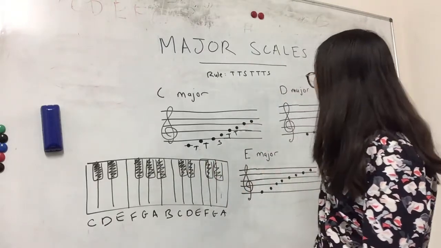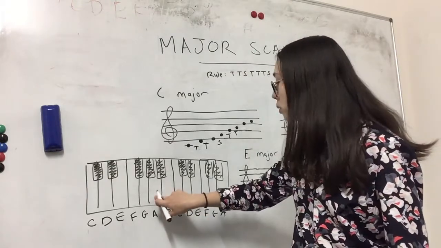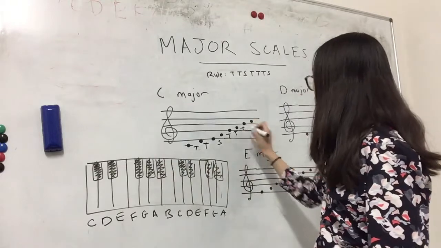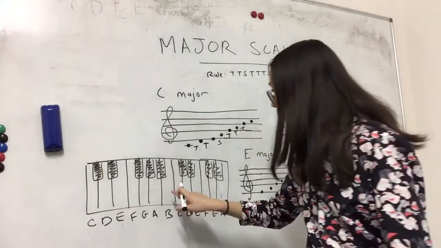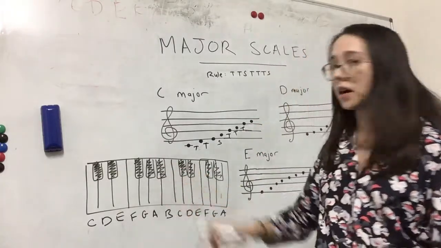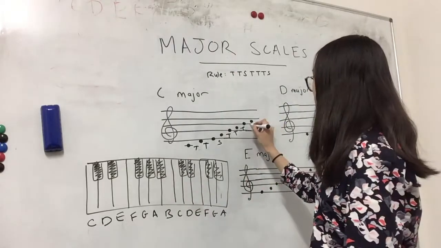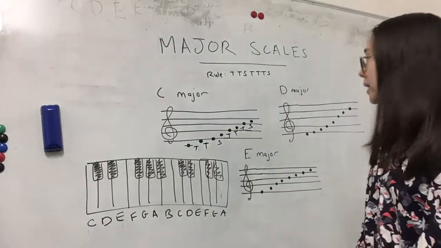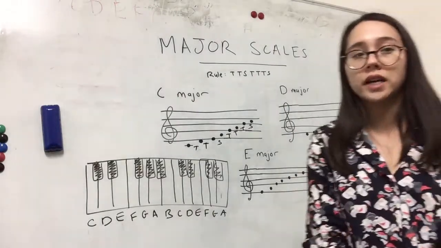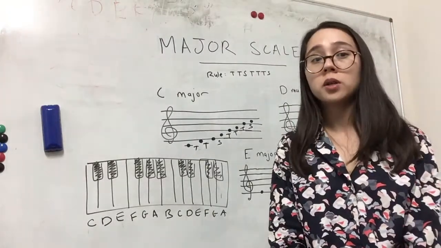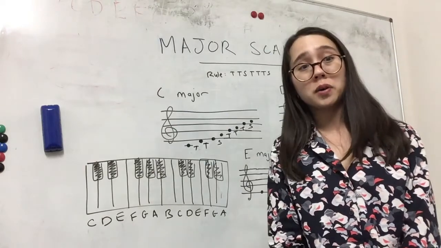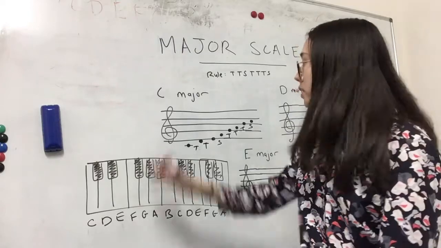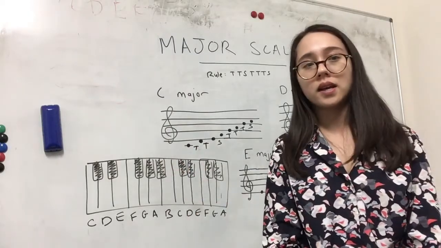A and B, we want a tone, so count half note, half note, they stay the same as usual. And then a semitone, B and C: there's only one half note between B and C, so it stays the same. We don't need to add any sharps or flats to make it a semitone. And that is C major. C major contains no sharps or flats, so if we're writing down the key, we don't need to write down any sharps or flats for C major. It stays exactly the same.